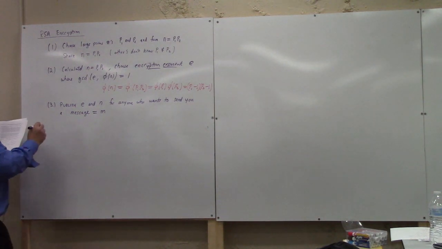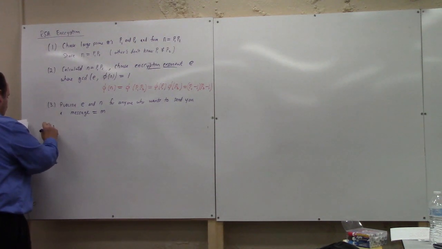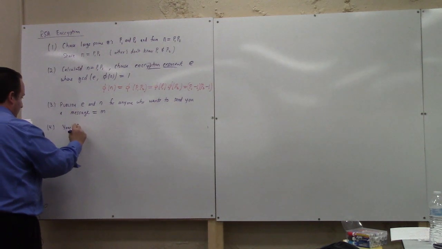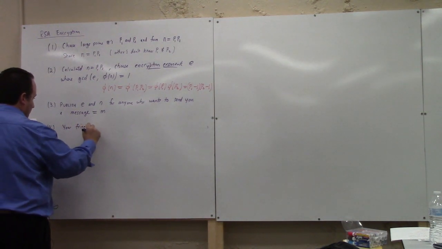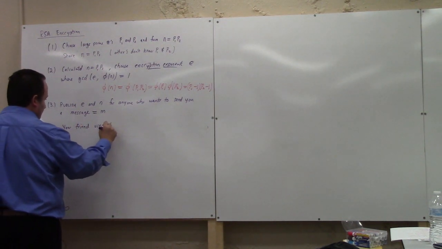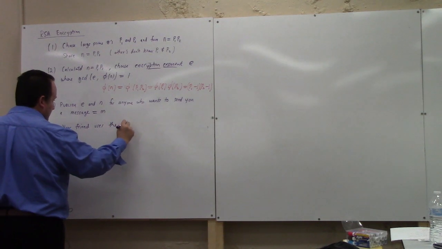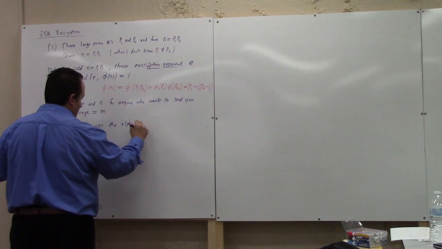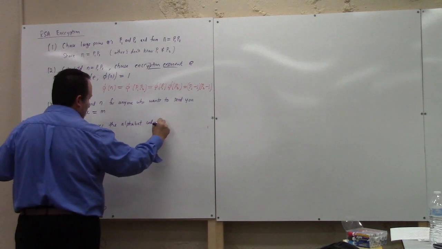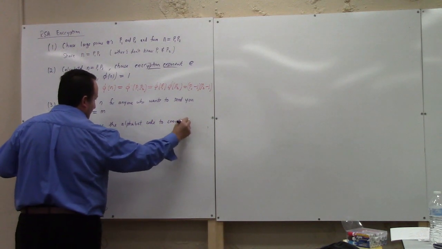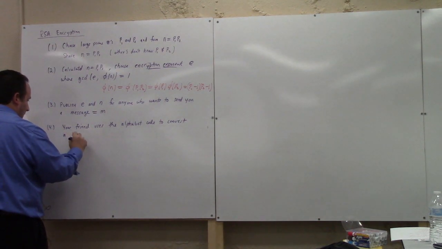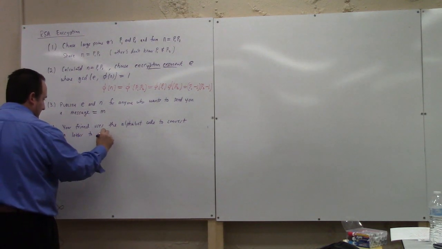All right, so step 4, your friend uses the alphabet code for the sake of discussion, like we talked about, to convert a message, a letter, to a number, right?